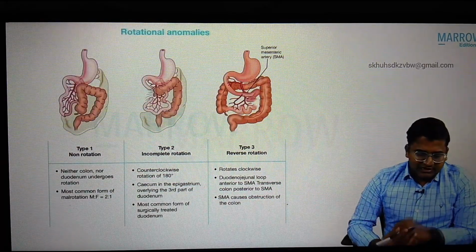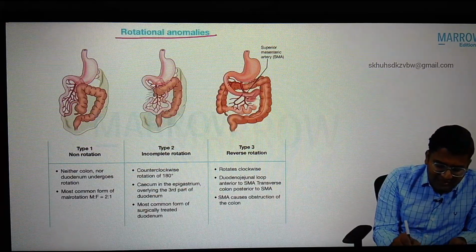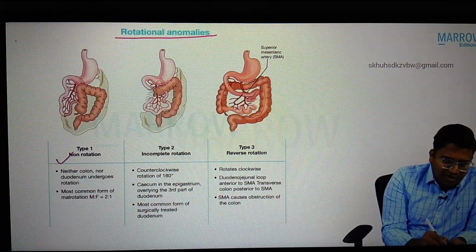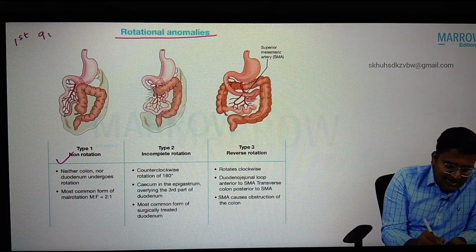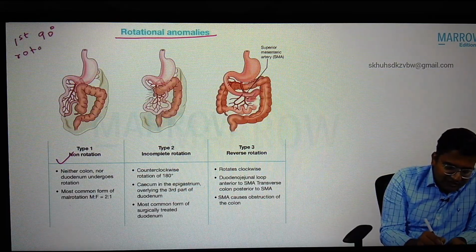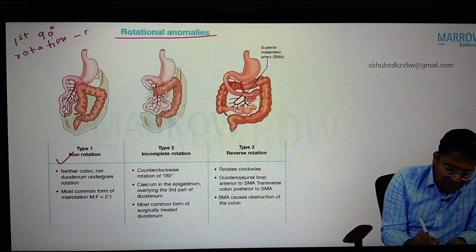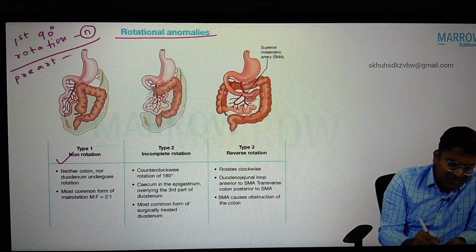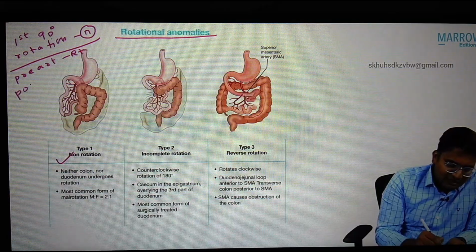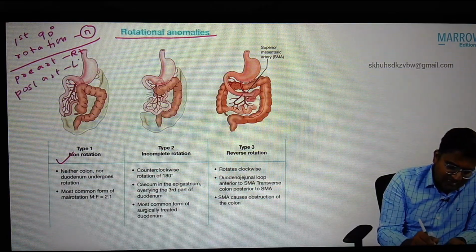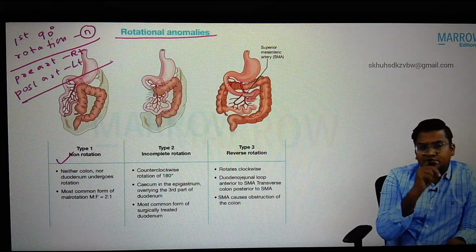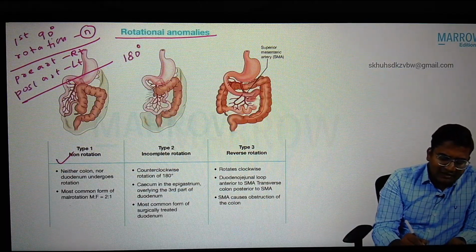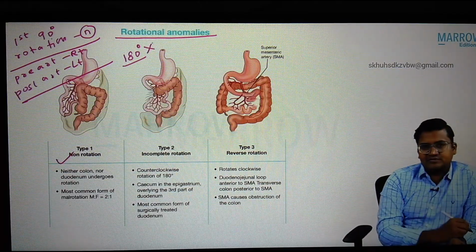Now we're going to start the discussion about rotational anomalies. First one, non-rotation. In non-rotation, the first 90-degree rotation in the anti-clockwise direction is normal. Because of that, the pre-arterial segment occupies the right side and the post-arterial segment occupies the left side. Without any further rotation, the remaining 180-degree rotation will not take place.